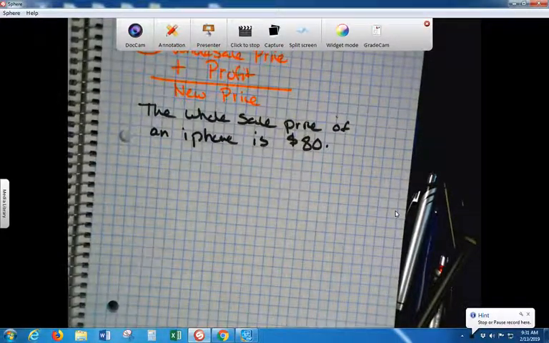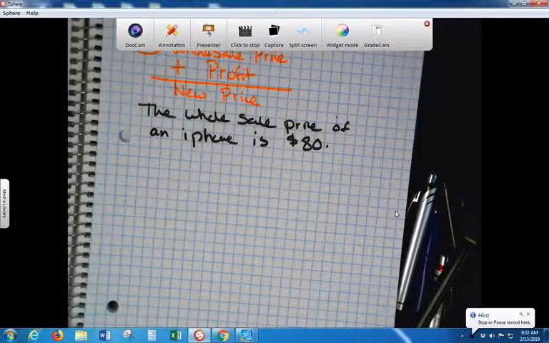The parts, the screen, paying someone to actually put it together. Now, as a customer, do we buy it for $80? No. But let's say for Apple, it costs $80 to make this. Are they going to charge us $80? No. What do they do? They're going to add their profit, right? They're going to add a whole lot.